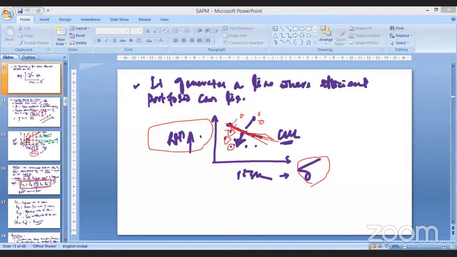Please remember. Sir, what is written in the y-axis? The y-axis is return, the x-axis is risk. I am just talking about the capital market line. Are you getting my point?